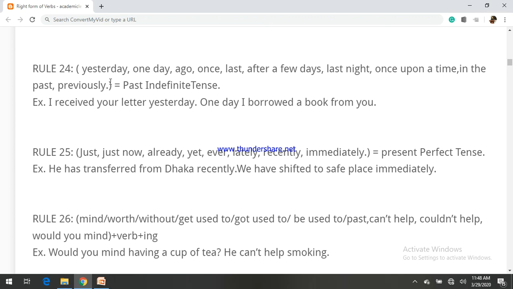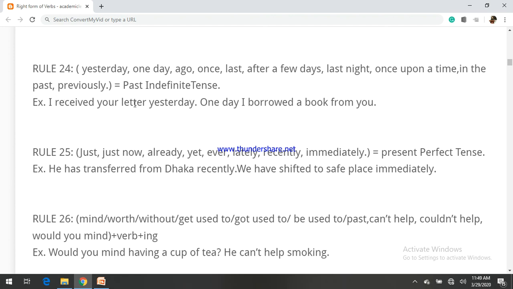Another rule, rule 24: yesterday, one day, ago, once, last, after a few days, last night, once upon a time, in the past, previously. These words are also the tense markers for past indefinite tense. You have to memorize this. I received your letter yesterday.